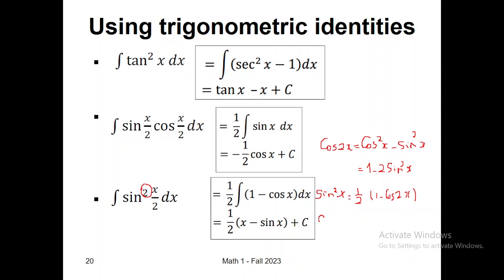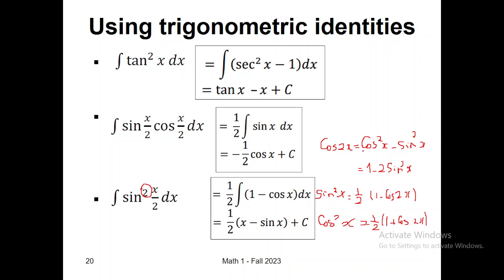And this rule has another similar one, which is that cosine square equals half 1 plus cosine 2x. So these two rules are very important. This rule is also derived from the same rule.